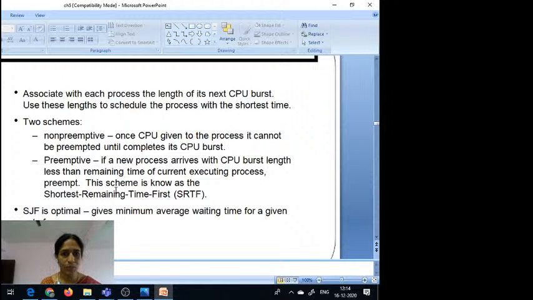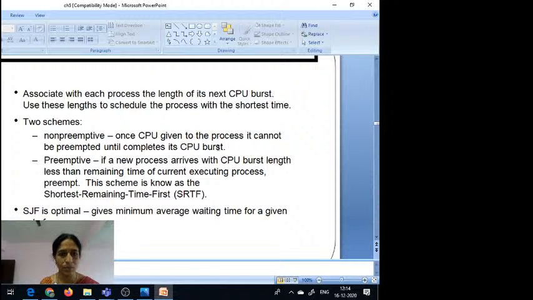Whatever CPU burst time is assigned to that particular process, only after it completes that time does the process leave the CPU. Once the CPU is given to the process, it cannot be preempted, which means there is no partial execution until it completes its CPU burst time.